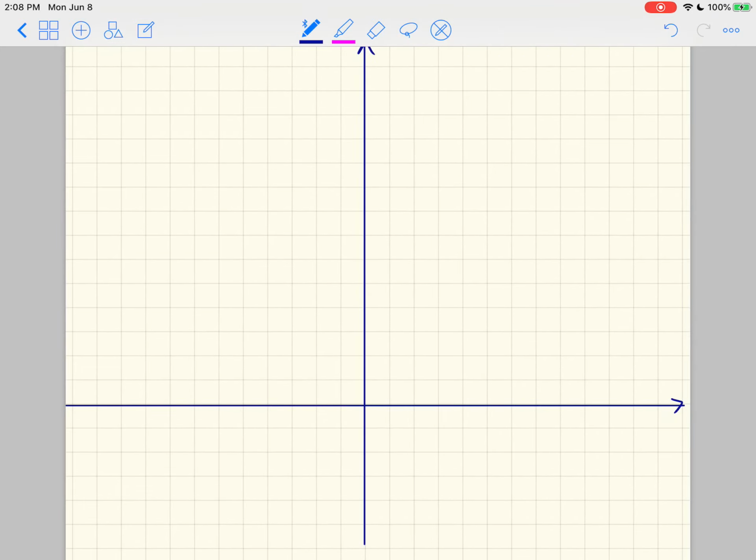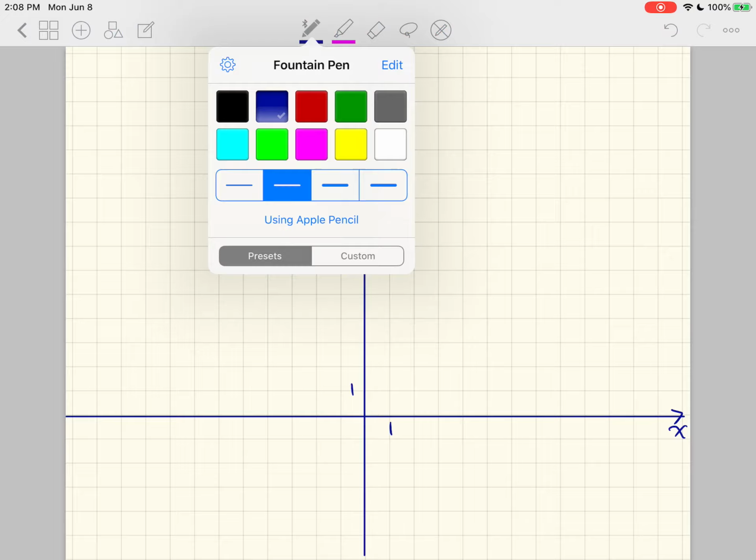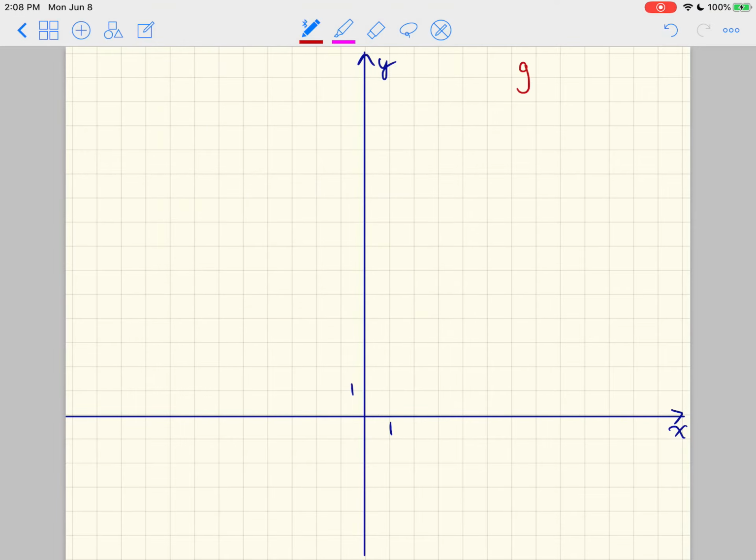Okay, so if this is x and this is y and our scale is 1 in both directions, let's first start with g of x being my parent function, the absolute value of x. We graphed this on the calculator, but we haven't graphed it by hand yet. This is actually a very easy graph to memorize.